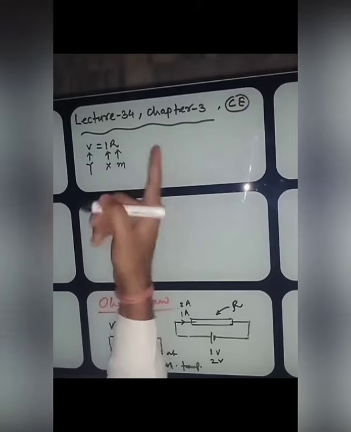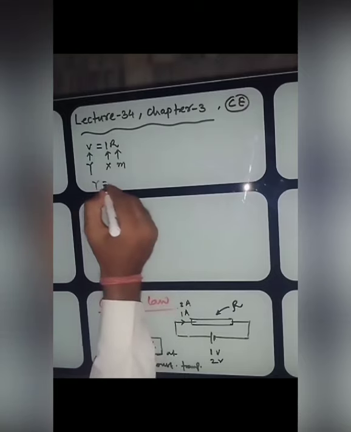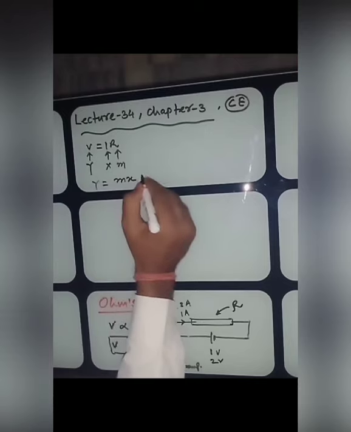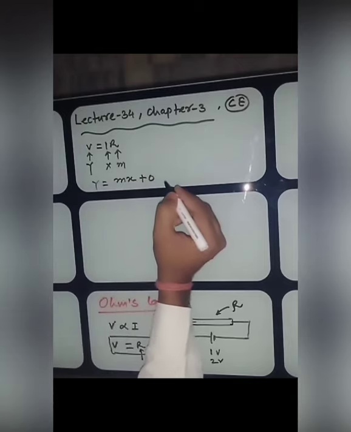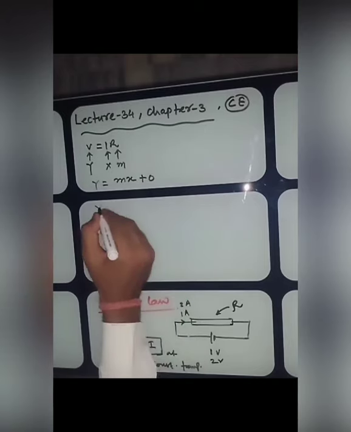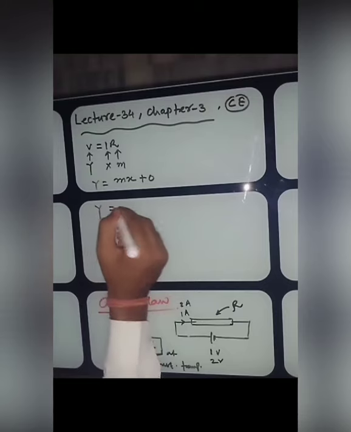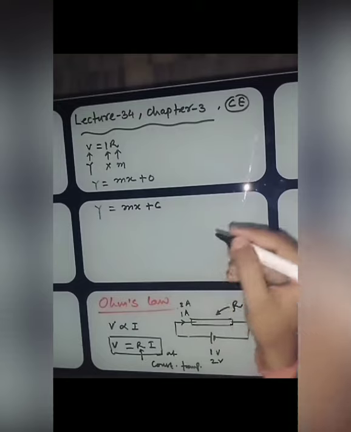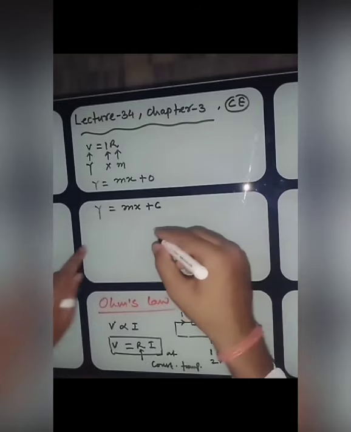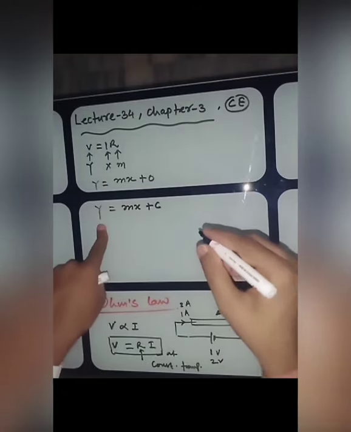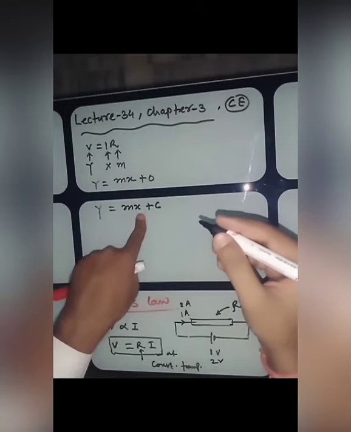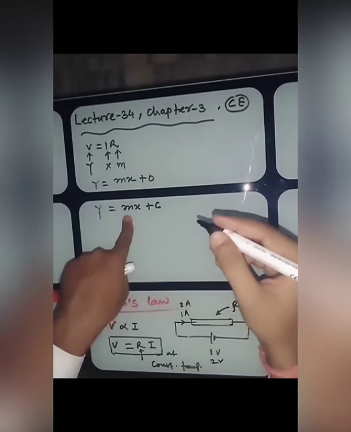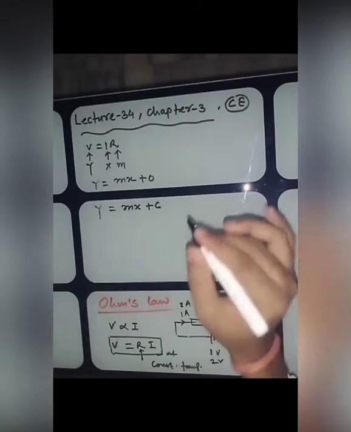Could you correlate this as y is equal to mx plus 0? The equation we use for a straight line is y is equal to mx plus c, if I'm not wrong. Here y is the quantity on the y-axis, x is on the x-axis, m is the slope, and c is a constant.